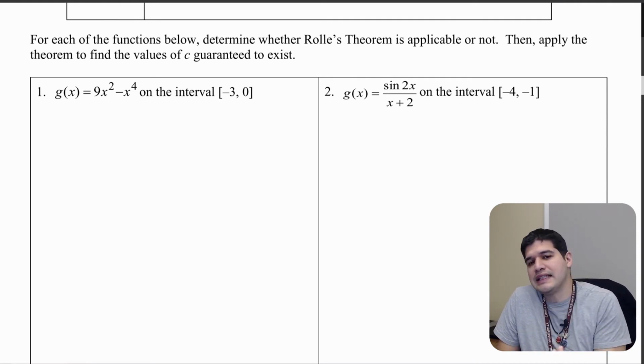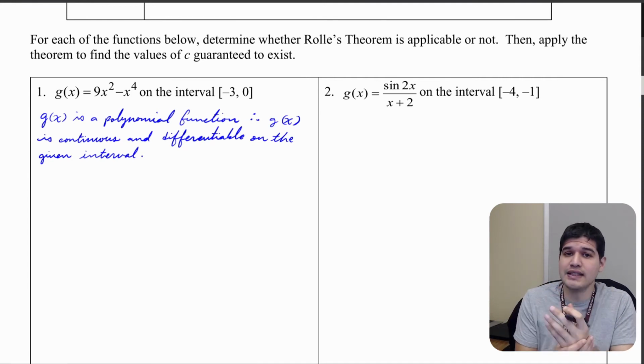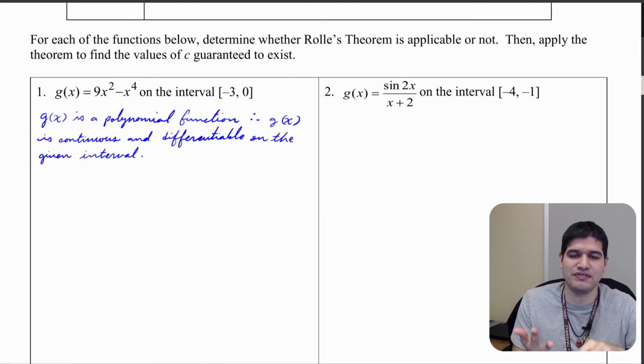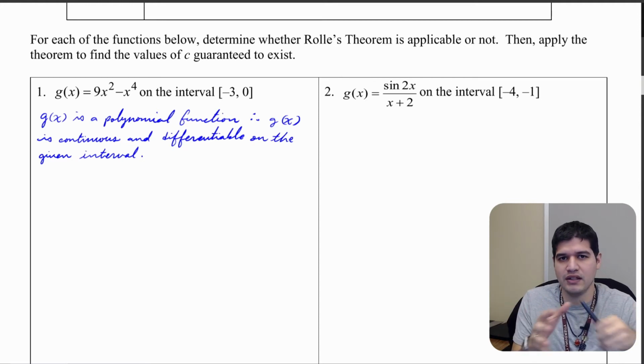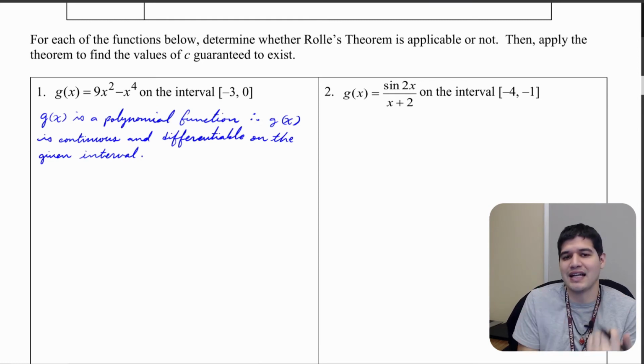What I'm noticing here is that g is a polynomial function between -3 and 0. And since it is a polynomial function, we know that it is continuous and differentiable everywhere on that interval.